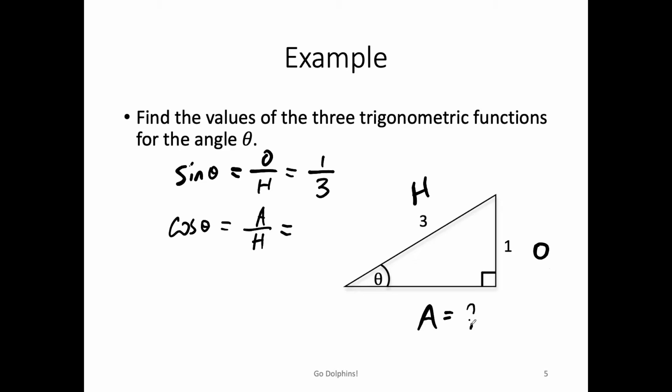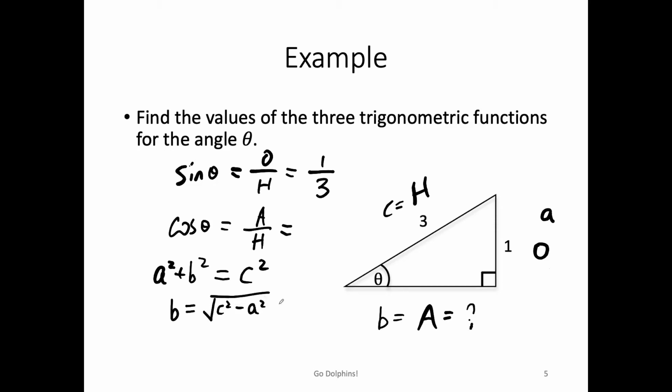The good news is that we have the Pythagorean theorem, so we can use it to calculate that. So we can call this one A, B, C. We should have the relation that A squared plus B squared equals C squared. We can solve for B now. B should be the square root of C squared minus A squared, which is the square root of 9 minus 1, 2 square root 2.